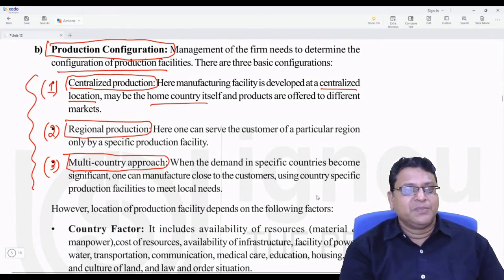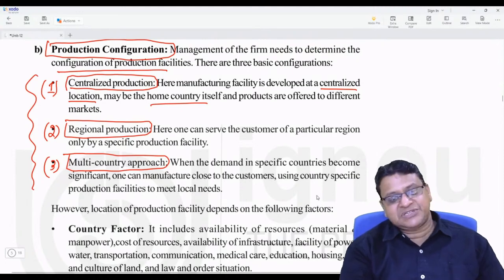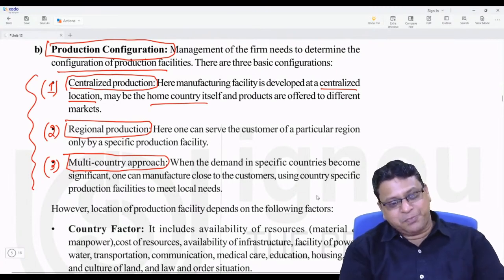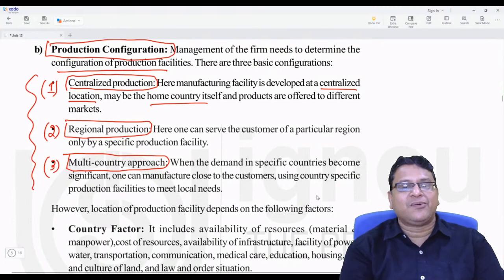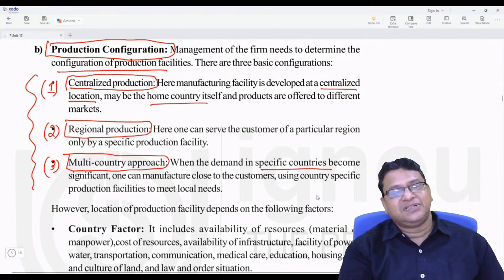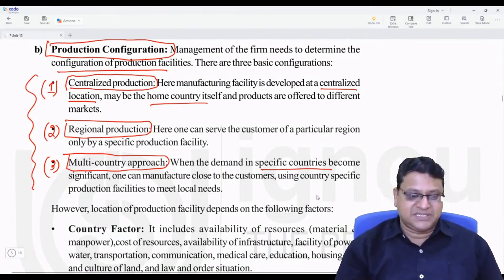This is known as regional production base. Next one is multi-country approach. What is multi-country approach? In this case, they set up production base in different countries as per the demand of the country where they sell their product. They shift their production base.